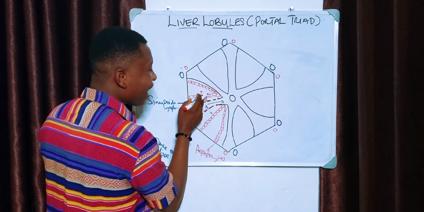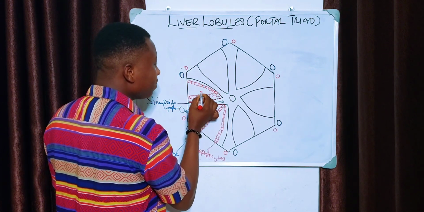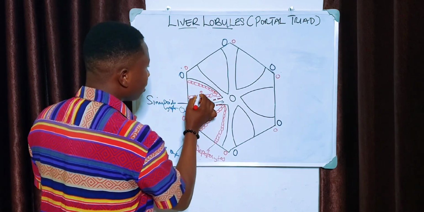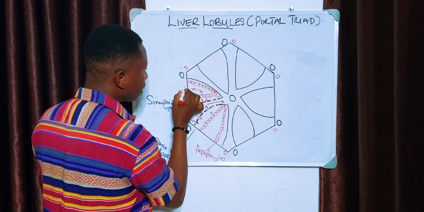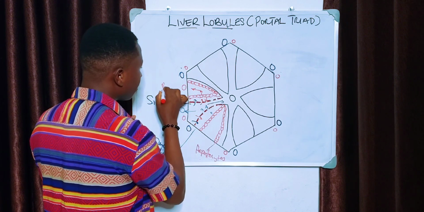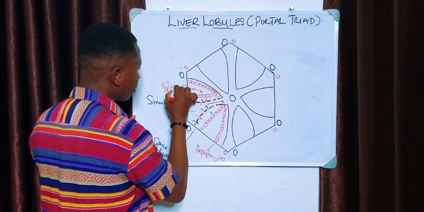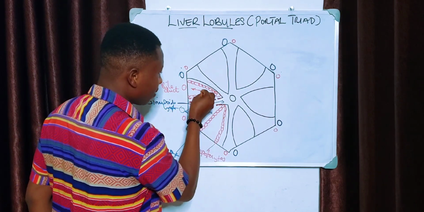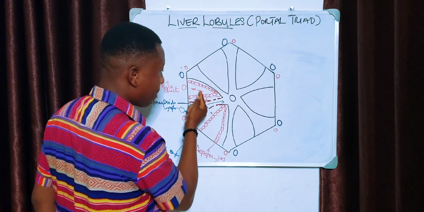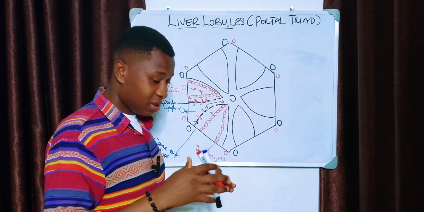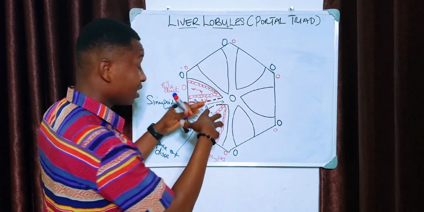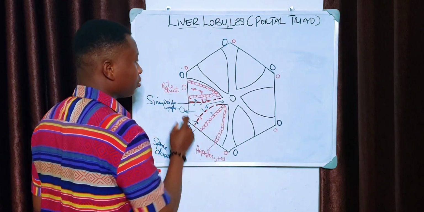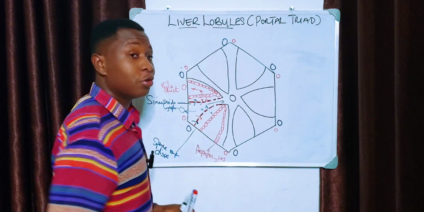Now, when substances are emptied into this space, it is emptied into a vessel called the bile duct. So substances that move from the hepatocyte into the space between them move into a vessel, and that is known as the bile duct.